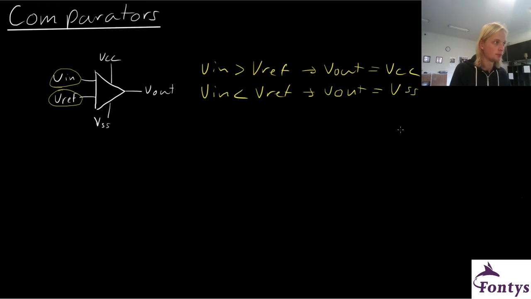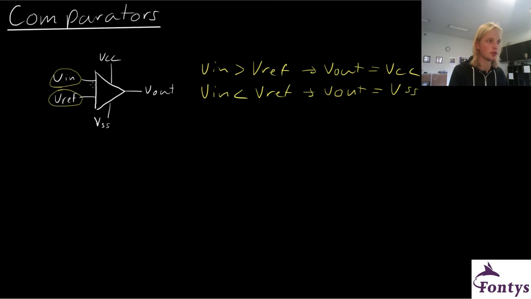And of course, there's also a case in which the Vin is exactly equal to the Vref, but since there's always some noise or a small difference between them, that case doesn't really happen. If the voltages are very, very close, the output will just flip around between higher and lower because of the noise or something like that.